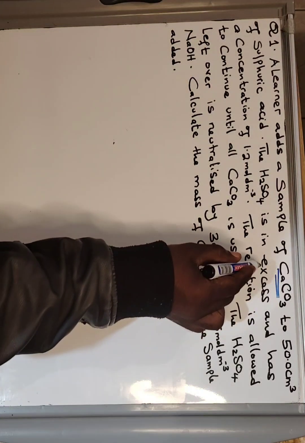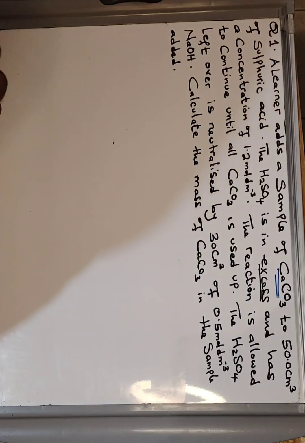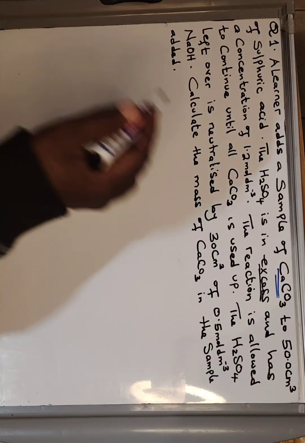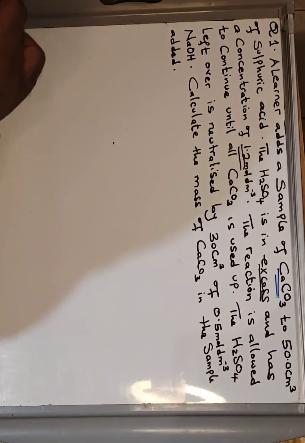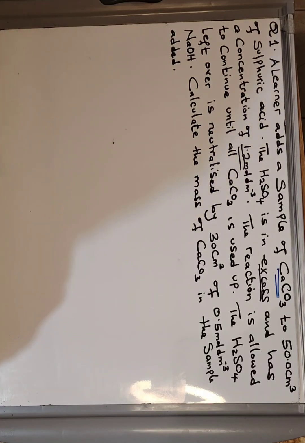That one is very important to note, and has a concentration of 1.2. The reaction is allowed to continue until all calcium carbonate is used up. The sulfuric acid left over is neutralized by 30 cubic centimeter of 0.5 moles per cubic decimeter sodium hydroxide. So calculate the mass of calcium carbonate in the sample.